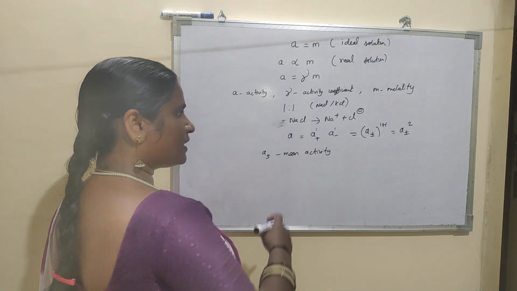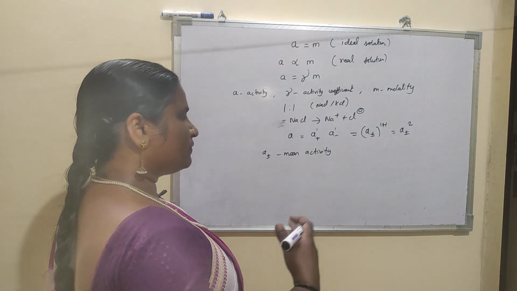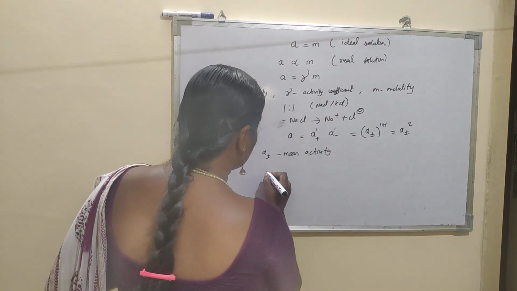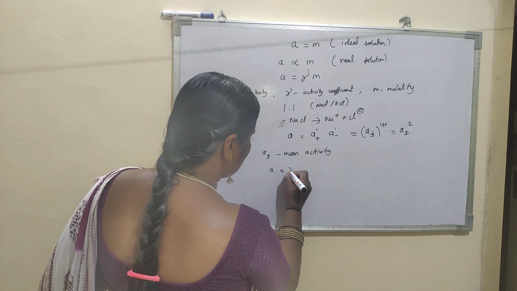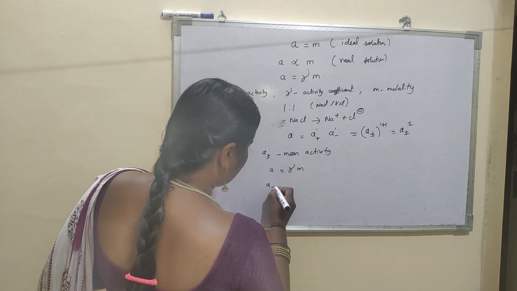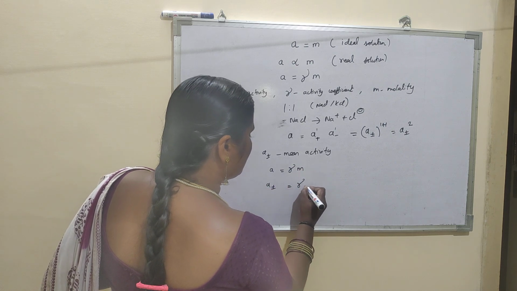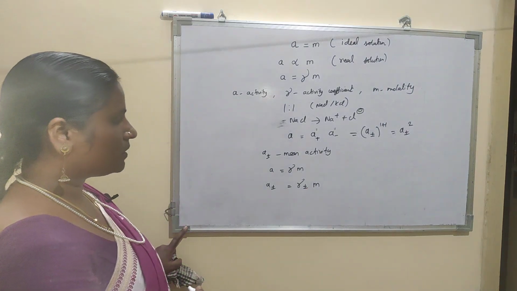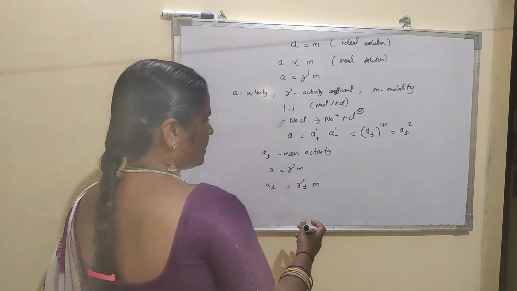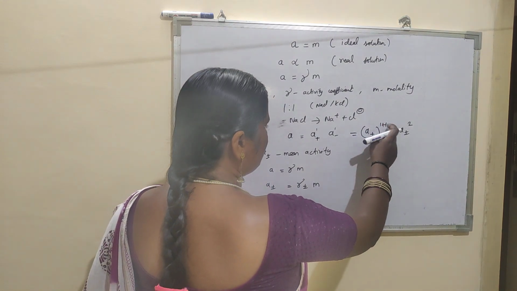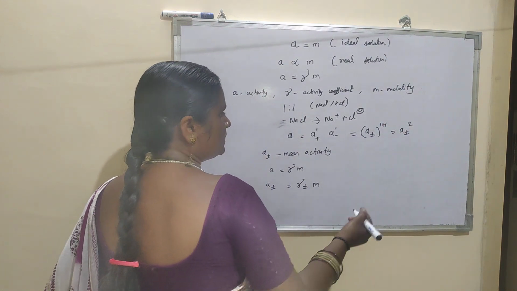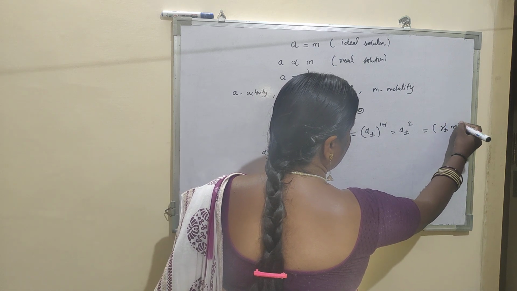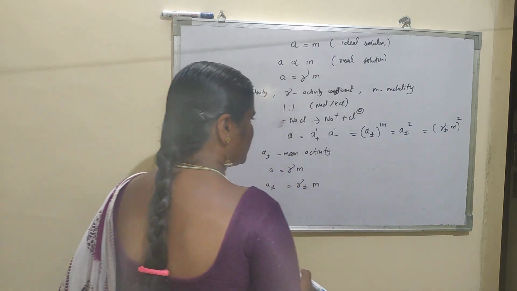So I am only doing it for the 1:1 electrolyte. We will do it for the generalized electrolyte a little later. So A equal to gamma m, and A plus or minus equal to gamma plus or minus into m. Okay, so in the above equation they have given A plus or minus, 1 plus 1. So when you apply this equation, A plus or minus equal to gamma plus or minus m into square.